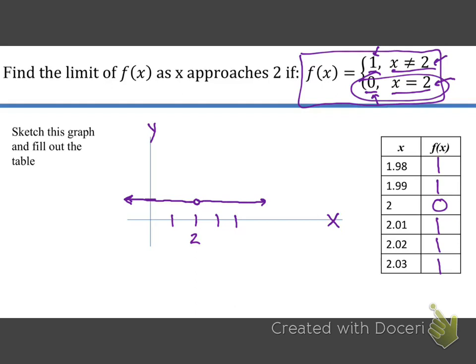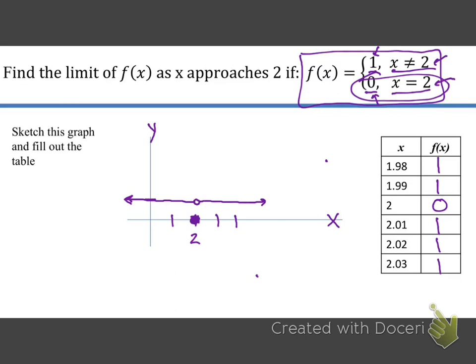When x is equal to 2, whoops, having problems with this. Okay, dot. Trying my hard. Okay, so I'm just going to make an X mark because I'm having trouble writing a dot on this program. So there should be a dot right there. We'll make it a mega huge dot. There we go. Okay, so this is what this graph looks like.